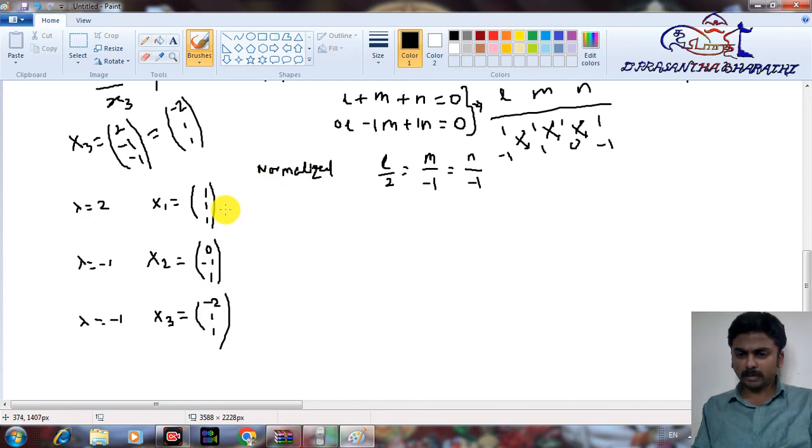So the normalized form is nothing but, this 1 can be written in the numerator, 1 divided by square root of first element, that is 1 square, plus 1 square second element, plus 1 square.